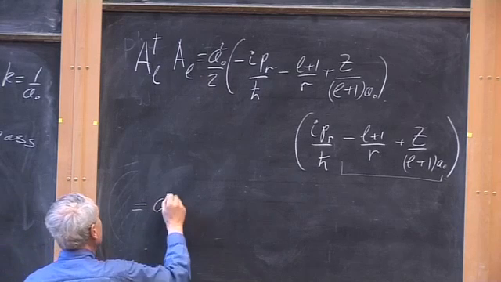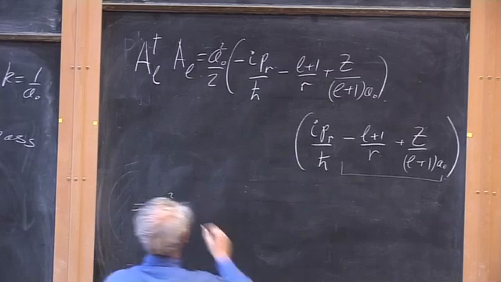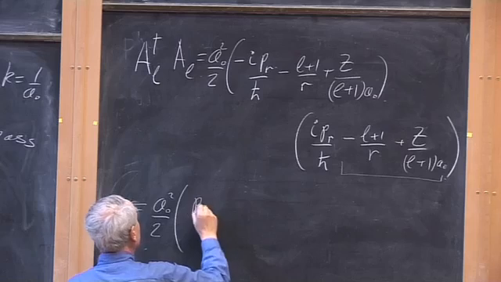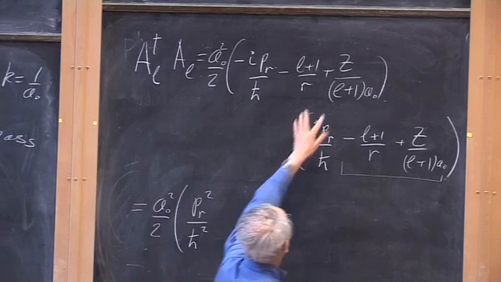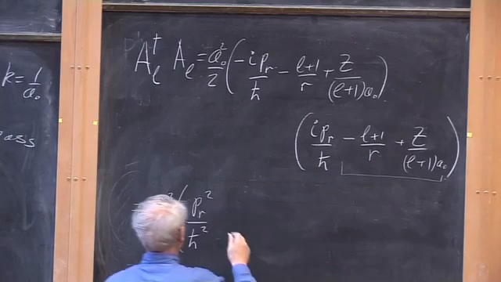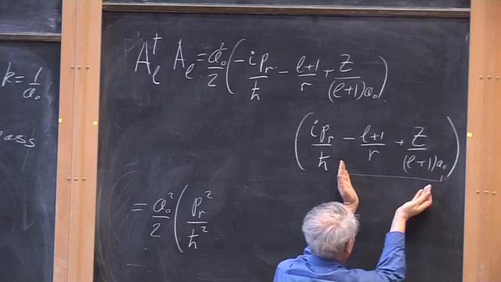So we get A0 squared over 2. These two obviously multiply together, and we get P_R squared over h bar squared. And then these I have to multiply together. So what do we get? We get the square, basically, of this number here.